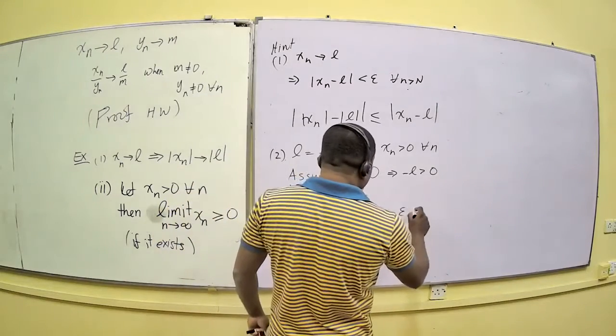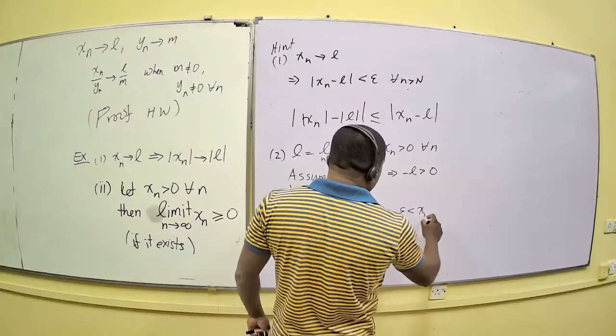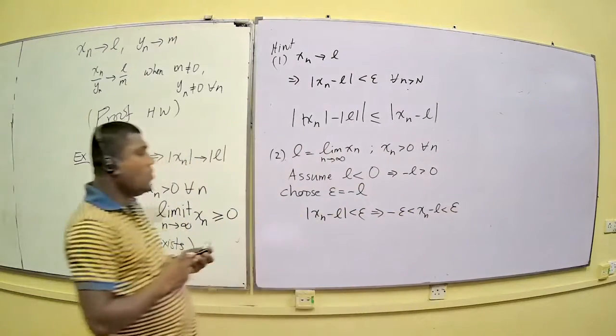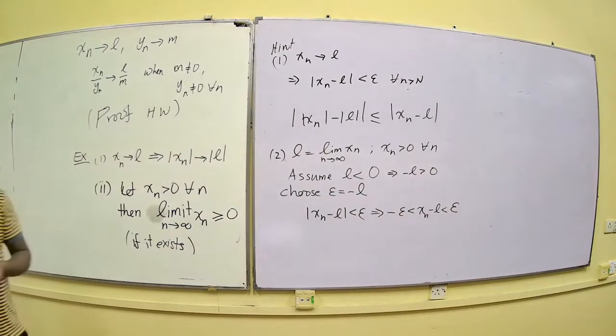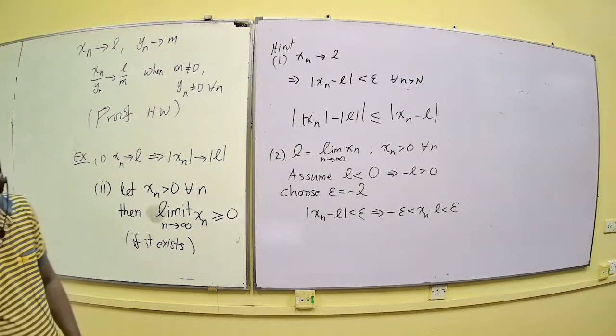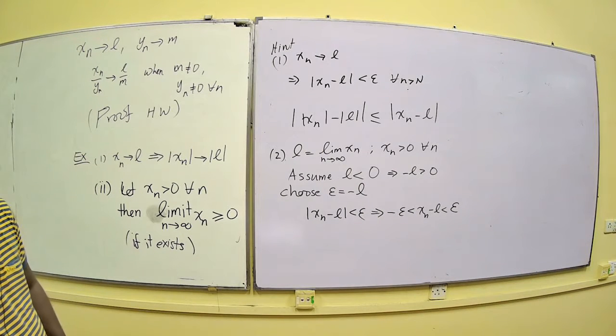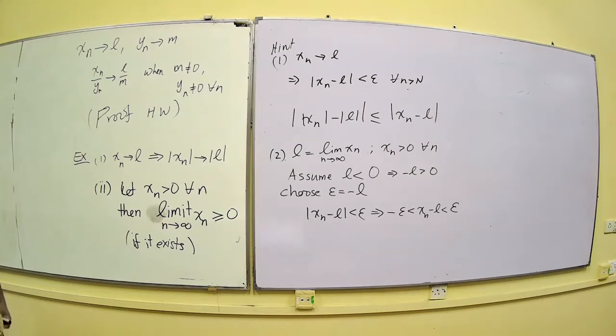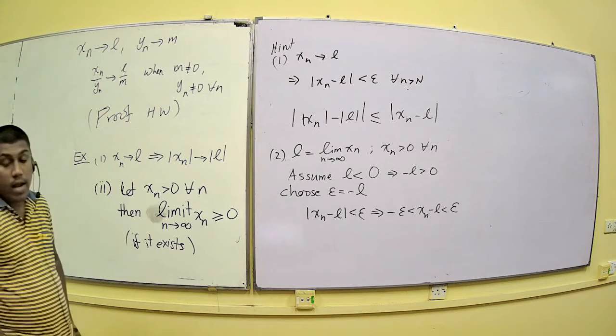So this gives minus epsilon less than xn minus L less than epsilon. You have this kind of definition for absolute value: when the absolute value of x is less than a, then you can write it as minus a less than x less than a, by removing the absolute value.